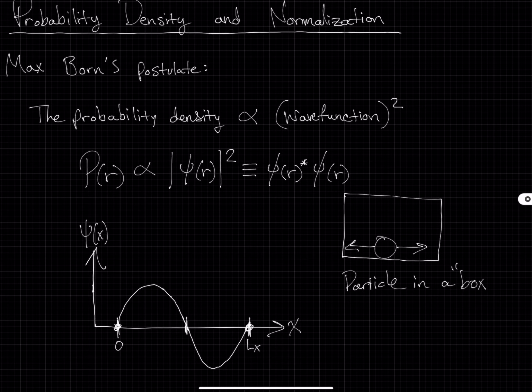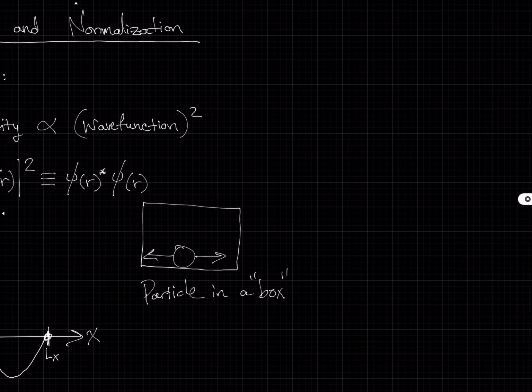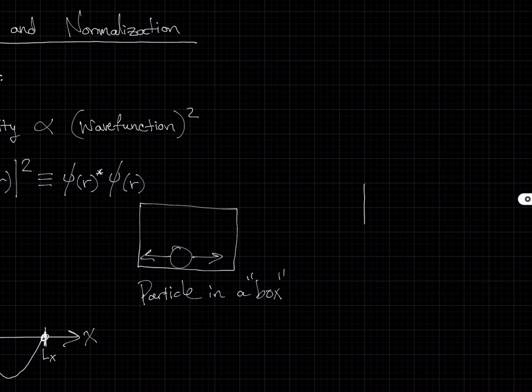Now, box is in quotes because it's not really a box in this case for quantum mechanics. It's actually some potential wall that it's hitting, and the way it's often plotted is as follows. You have a quantum mechanical particle, and there you go.